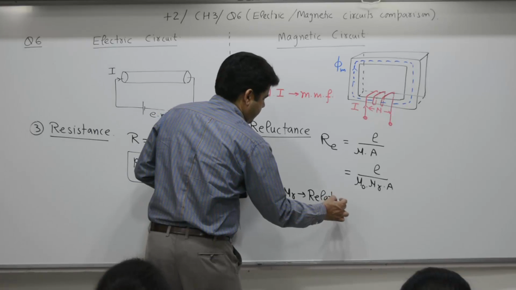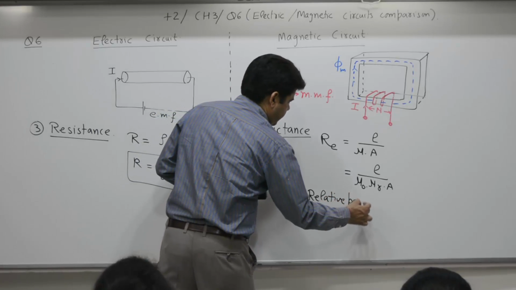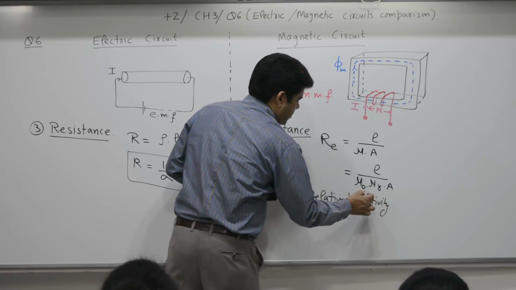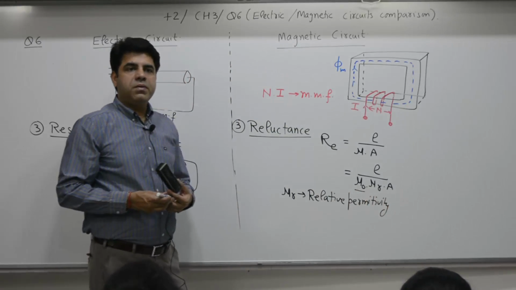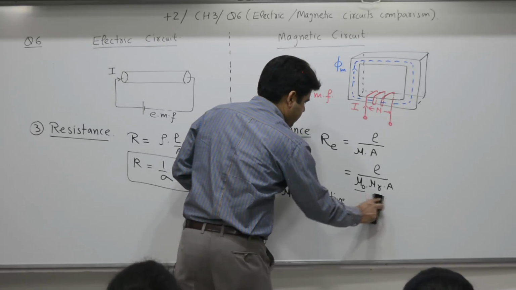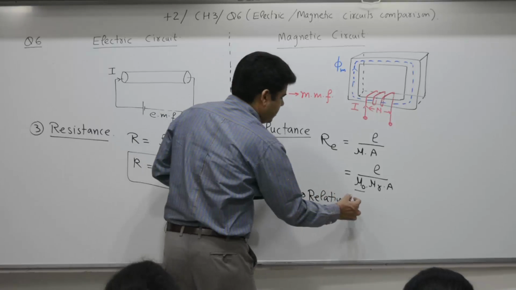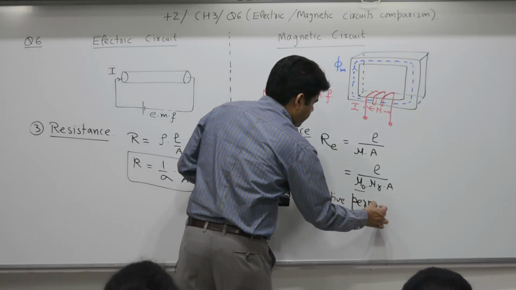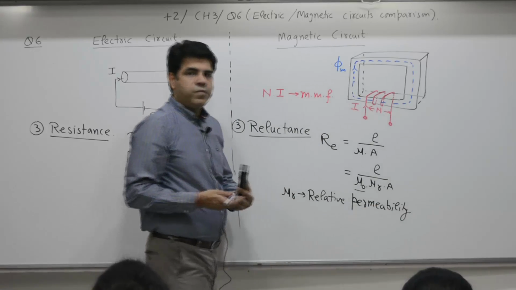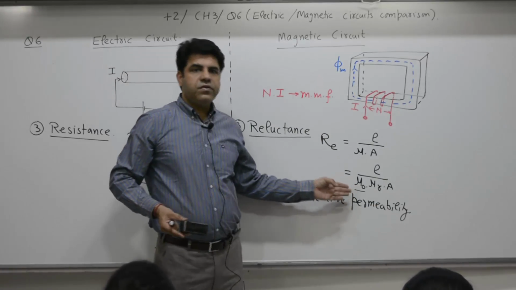Relative permittivity. Mu naught is permeability. Correction is required. Relative permeability. Mu naught is permeability of free space.